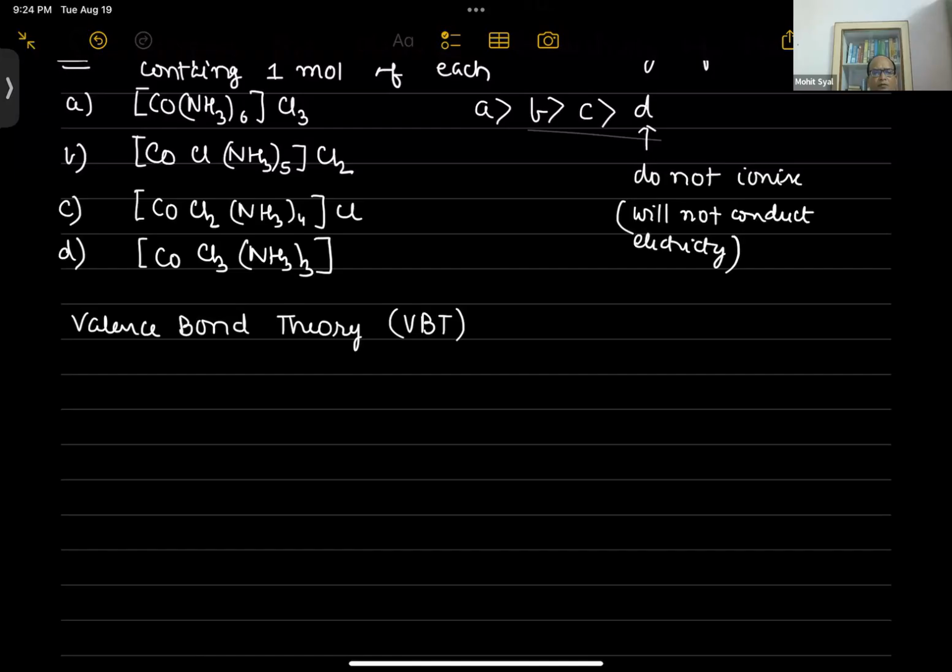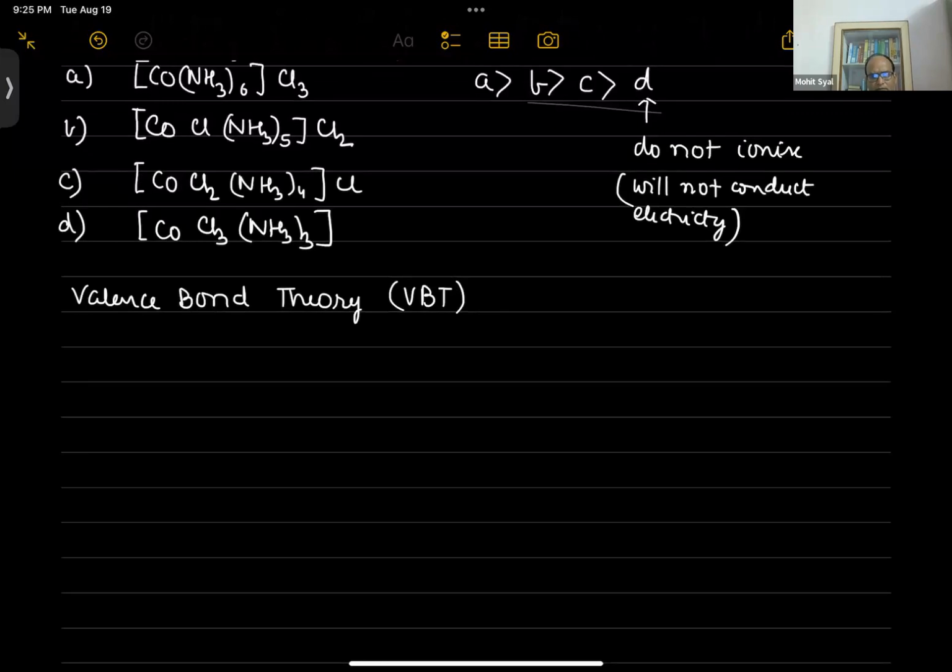So how can we use this valence bond theory to derive the structures of the coordination compounds?